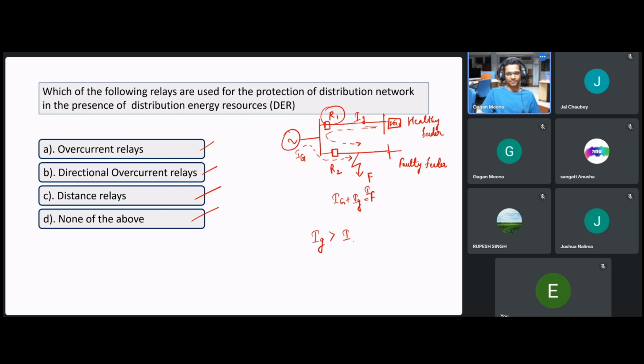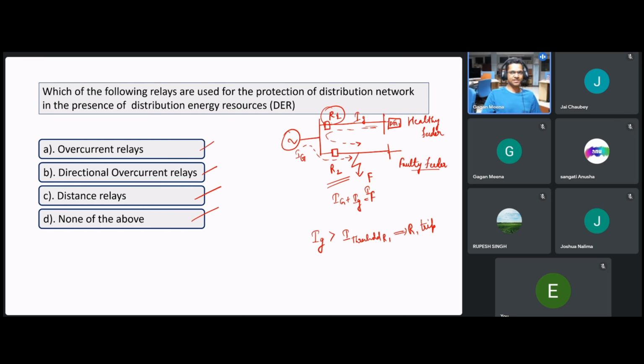If this IG current is more than the threshold value of relay R1, then R1 will also trip, although the fault is in feeder 2, not in feeder 1. This is happening because this is a simple overcurrent relay. It does not have any direction sense.